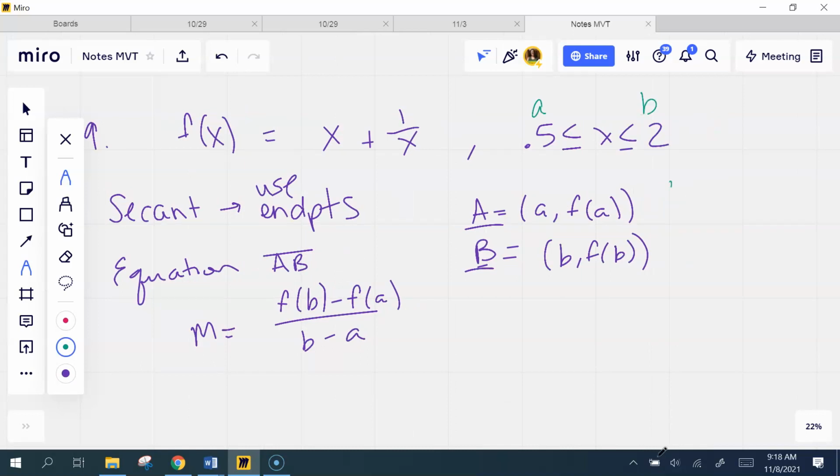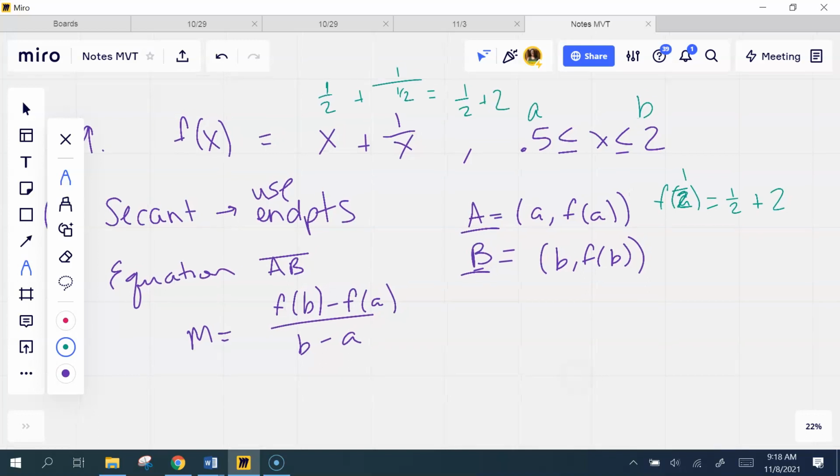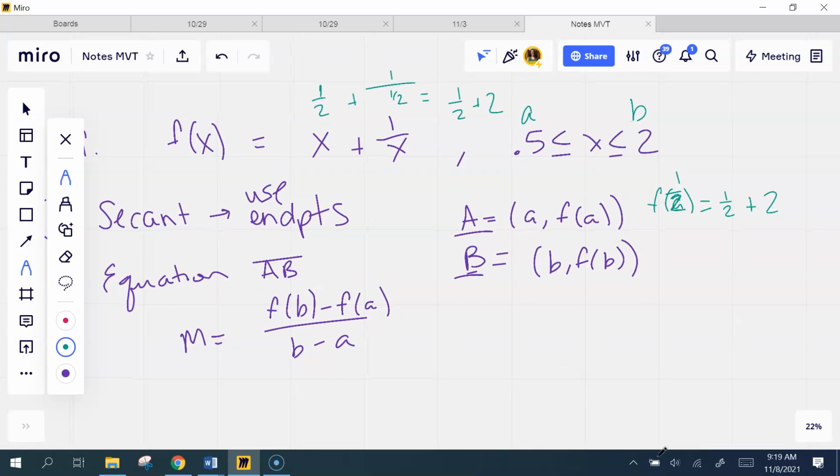So f of a would be, no, f of 1/2. Sorry. If you plug 1/2 in here, you get 1/2 plus 1 over 1/2, which is 1/2 plus 2. You have to find the slope between these 2 points. Those are the 2 endpoints.